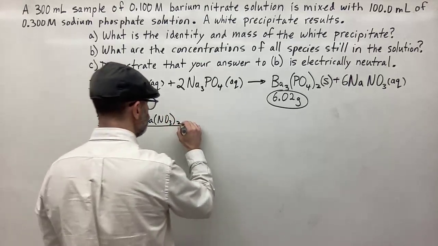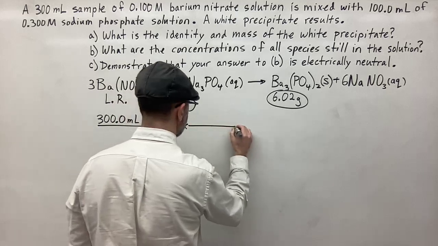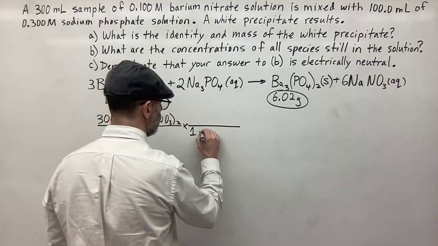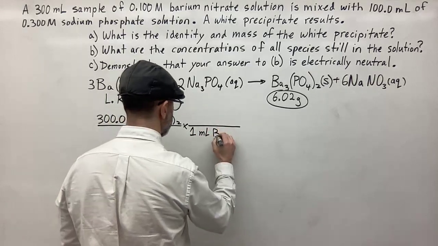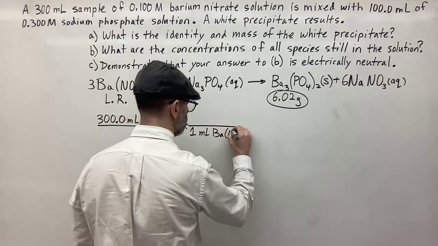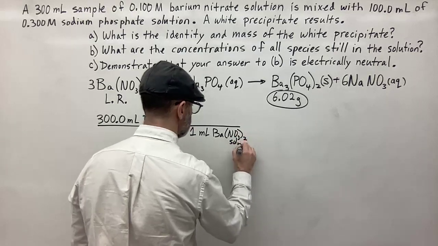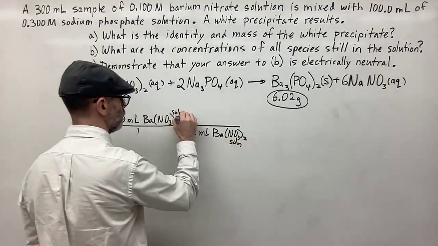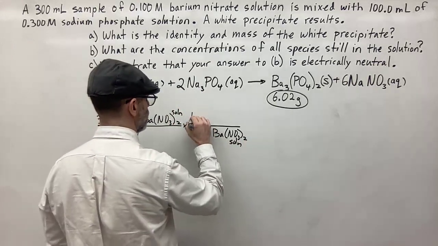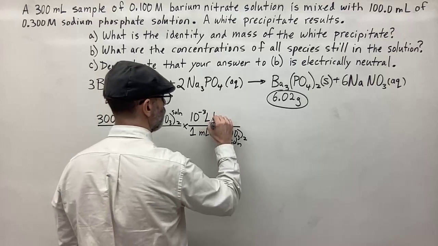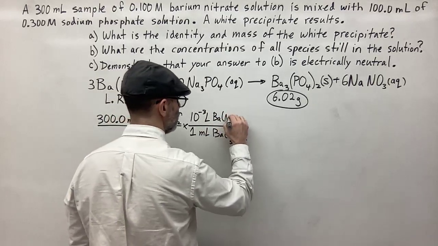And again, we're going to do the same conversion. So we're going to convert this to liters. So 1 milliliter of the barium nitrate solution is equal to 1/1000th of a liter of the barium nitrate solution.